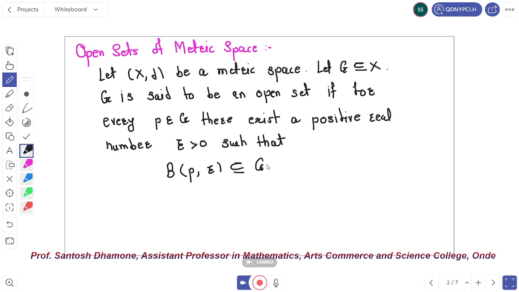Now we define closed sets, because the definition of closed sets is related to the definition of open sets.